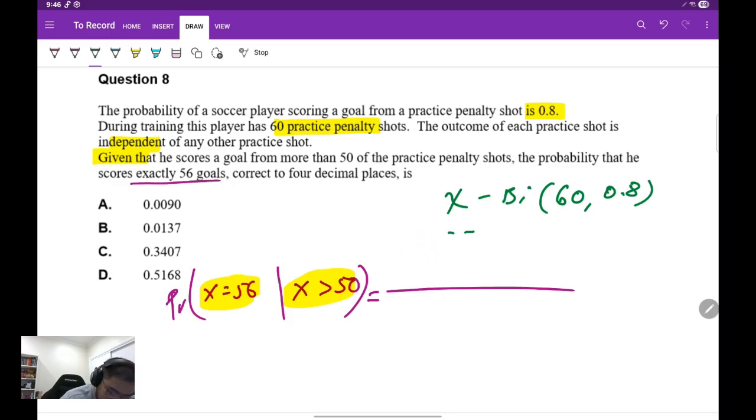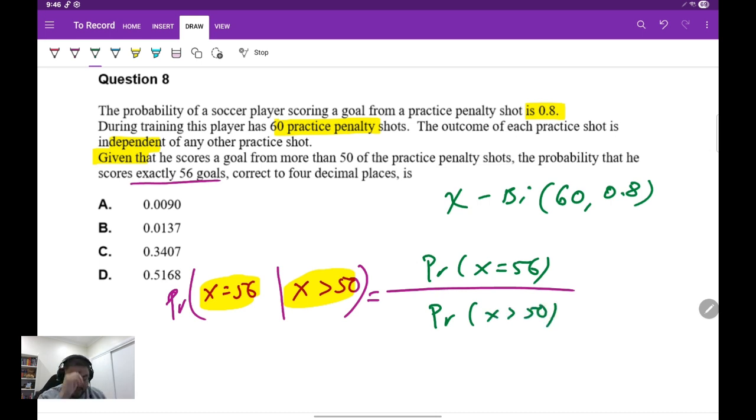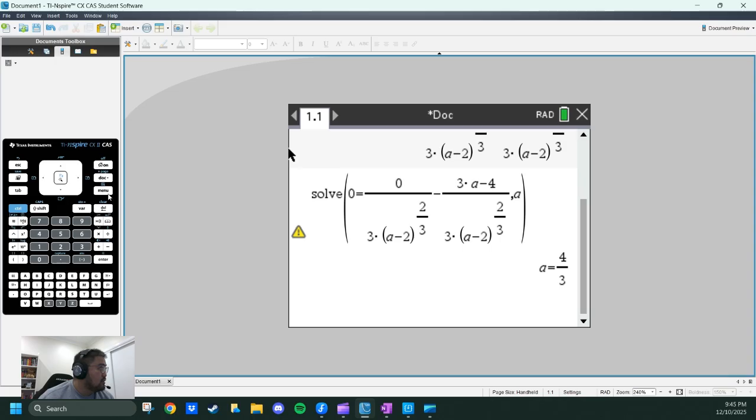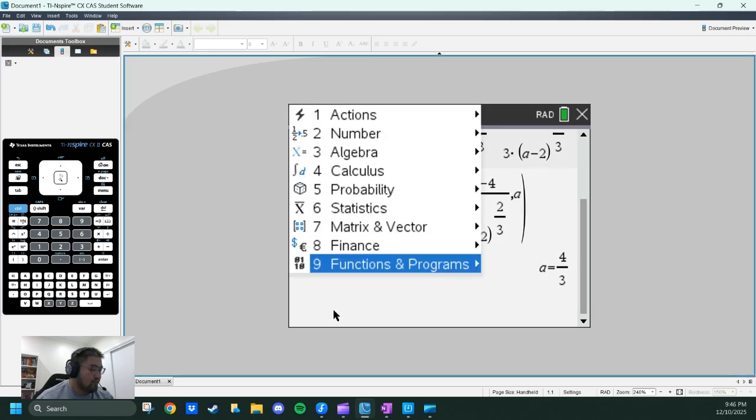So we're trying to find the probability of x equal to 56 over the second event, which is the probability of x greater than 50. All right, and since we know that this is a binomial distribution, let's use the binom CDF and PDF for this one.